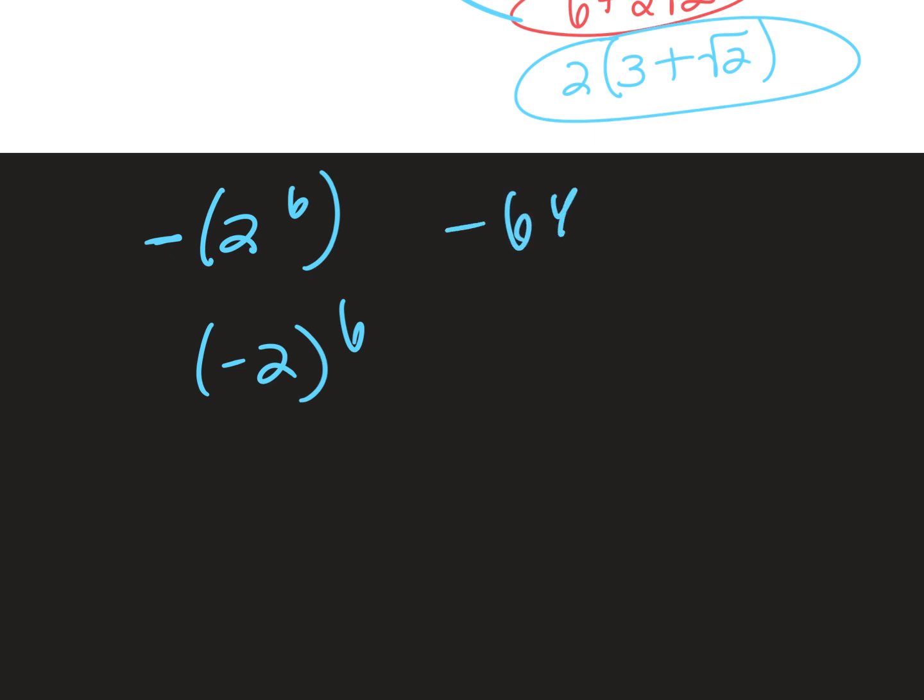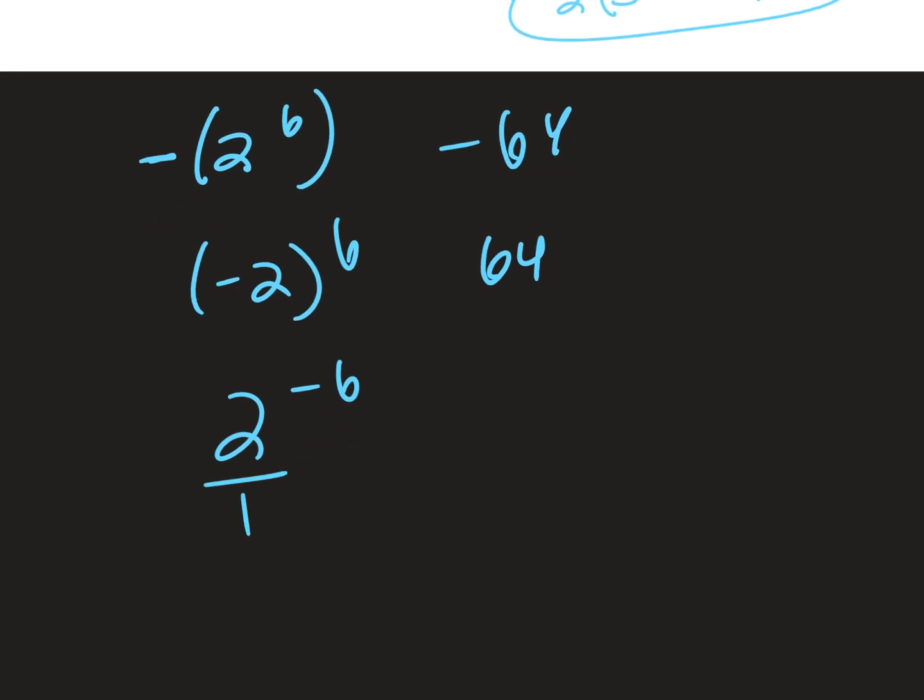The second problem says take negative 2 and multiply it by itself 6 times, which would be positive 64. So make note of where the parentheses are. This problem says I want to raise 2 to the negative 6th power, so I have to put it in a denominator first. It'd be 1 over 2 to the 6th, which would then be 1 over 64.